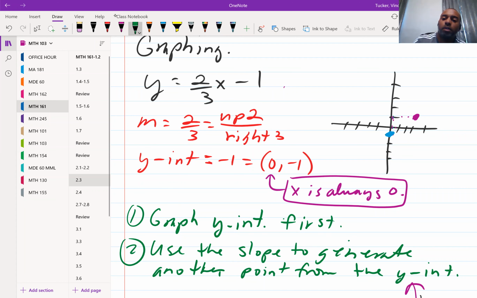So that's my blue dot. Then if you go down 5 and right 1, that's my purple dot. And remember, you generate that point from the y-intercept. You don't go to the origin, you go to the y-intercept, go down 5 and right 1. And that's our line.